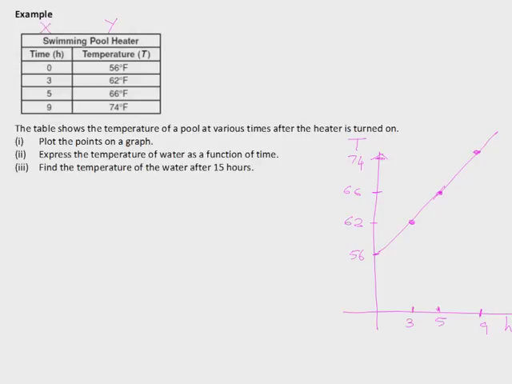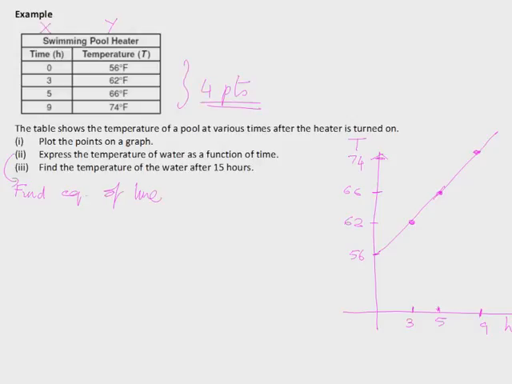Express the temperature of water as a function of time. That means find the equation of the line. If I found the equation of the line, I'd get y in terms of x. That means I'd get temperature in terms of time. And that's easy to do because they've given me 4 points.